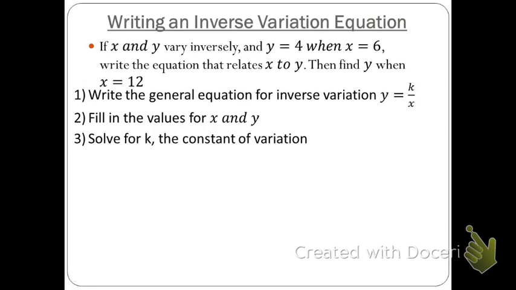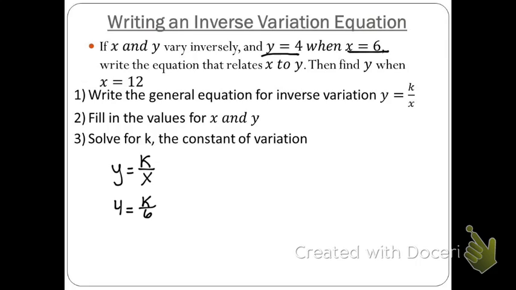Okay. Well, we take our general formula, y equals k over x, and we're going to fill in those x and y values. So again, we're talking about y equals 4 and x equals 6, not the x equals 12. All right, so y equals 4 and x equals 6.